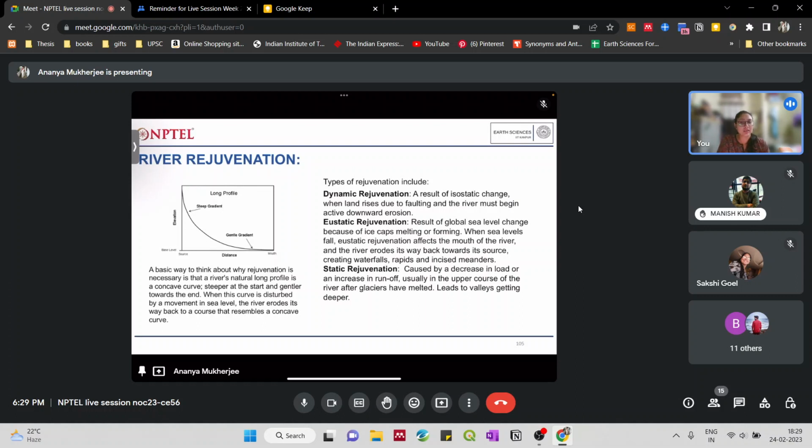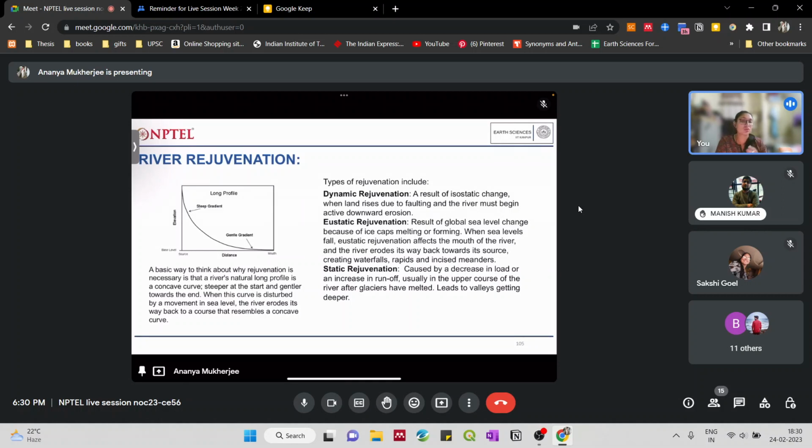Then you have the static rejuvenation, that is due to the changes in the load that is carried by the stream. Suppose there is an increase in the runoff, that is the water being carried by the river, due to glacial melting.